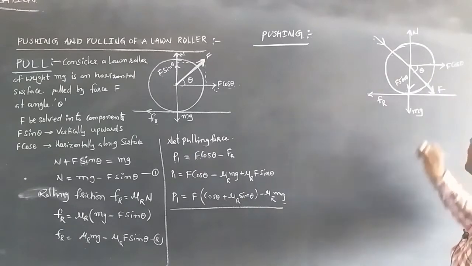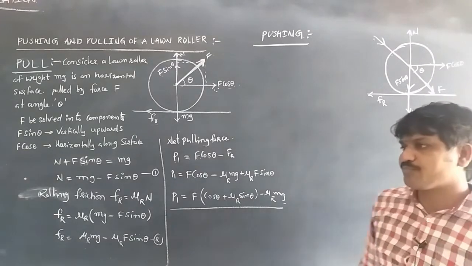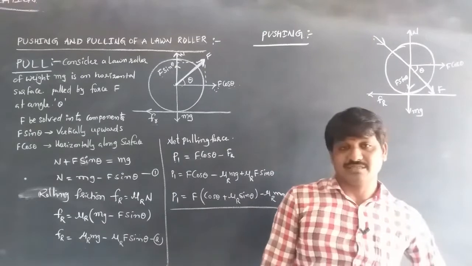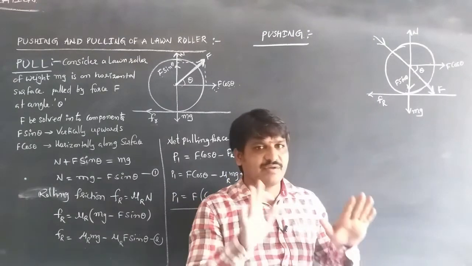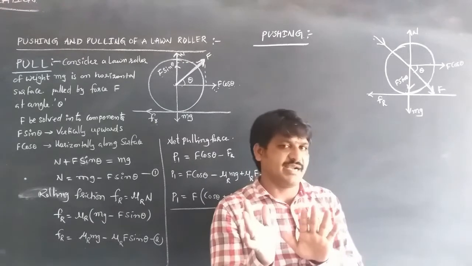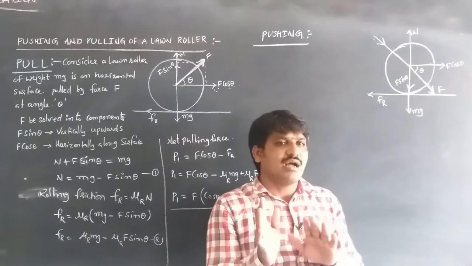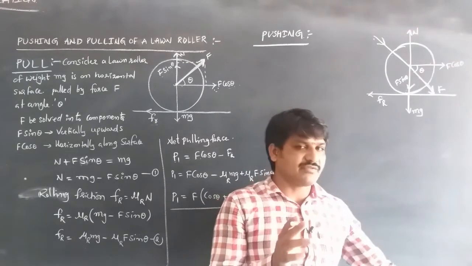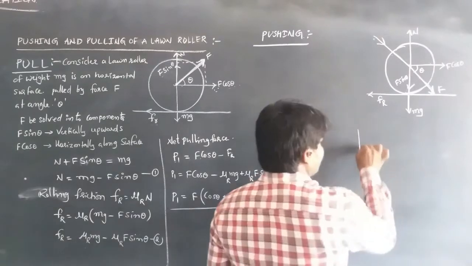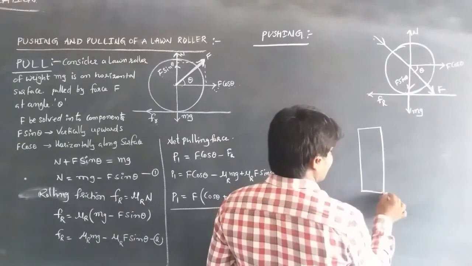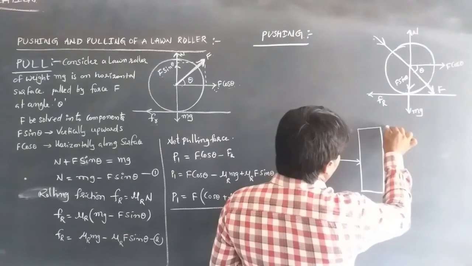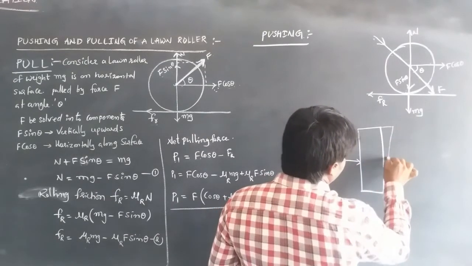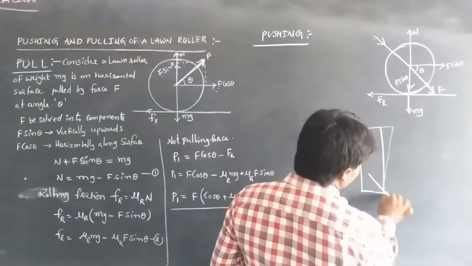And practically, if you see an almirah in our home, whenever we push it from a side, the edge of the opposite side, consider it's an almirah, whenever we push it like this, then the total almirah moves this side, but the total force is acting in this direction.